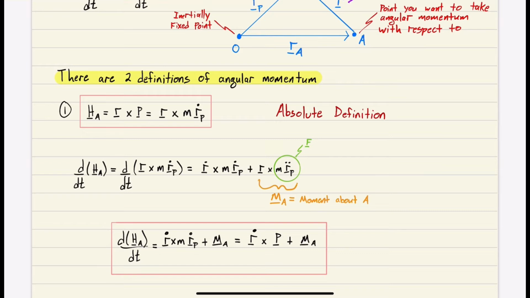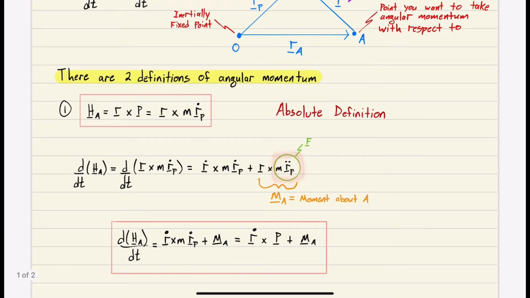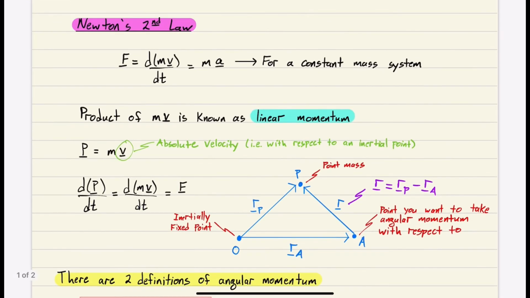Now what we notice here is we have this m times R_P double dot. R_P double dot is the absolute acceleration of point P. So this is ma, which is just F, right? That's our force. Here, force equals ma, right?